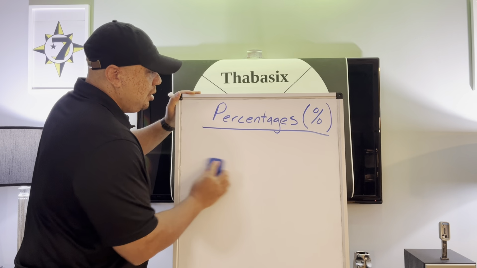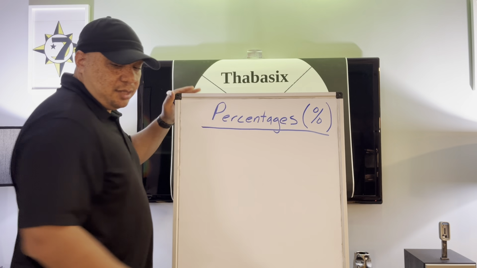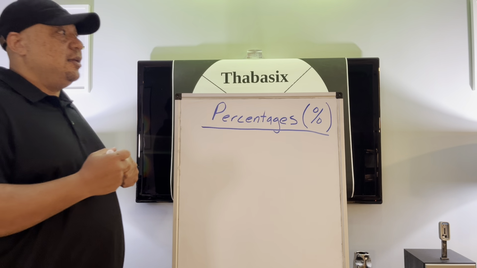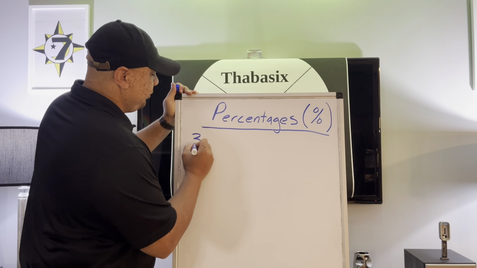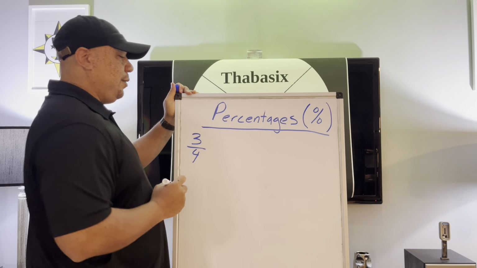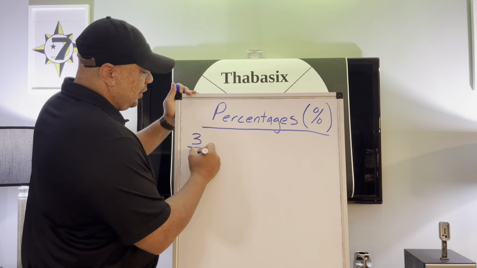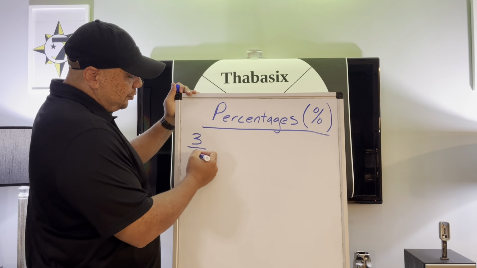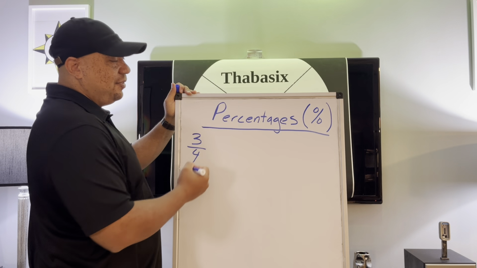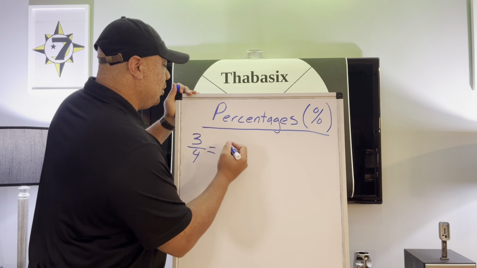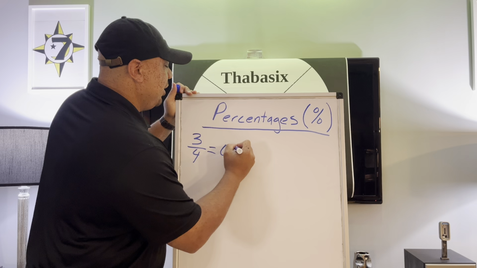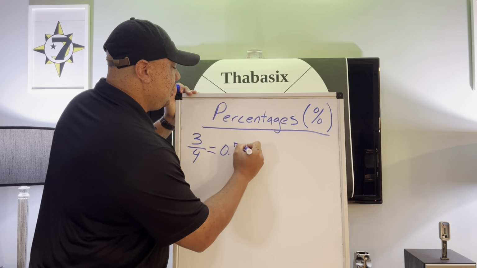So let's talk about 75%. 75% is also 3/4, right? 3/4. And we reviewed that too. We would take the denominator and divide it into the numerator, which would equal 0.75.